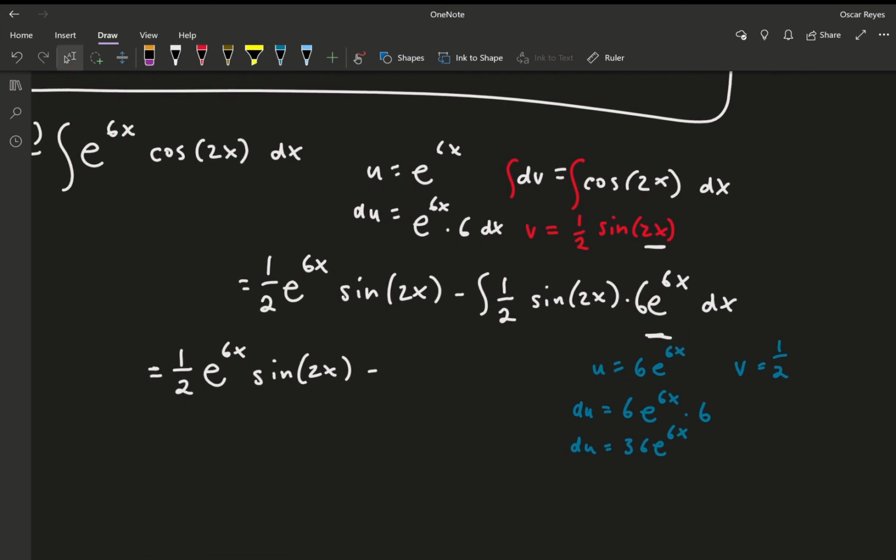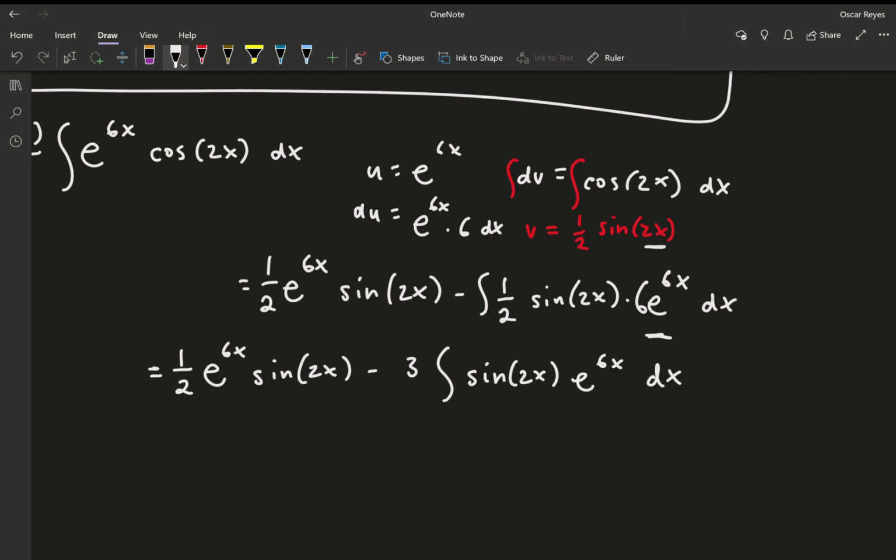actually, you know what? Let me rewrite this a little differently, because I didn't notice that we can simplify here. We have a 6 and a 1/2. If we simplify that, it'll make our life a lot easier. We're going to end up having 3, and we'll pull that out, of sine 2x e to the 6x dx.